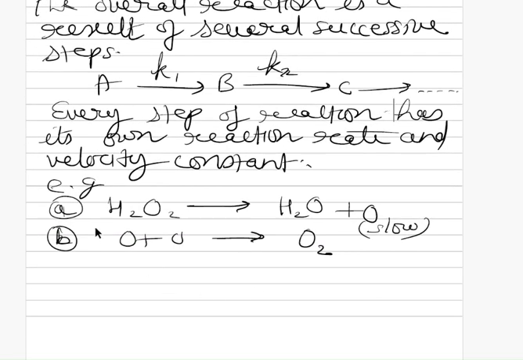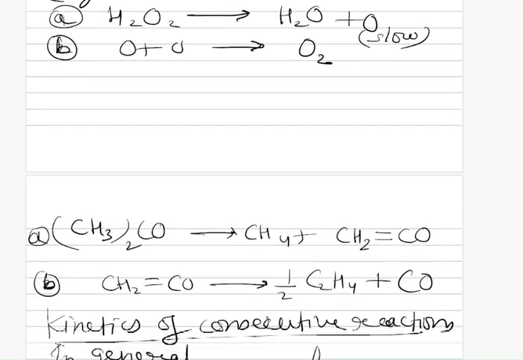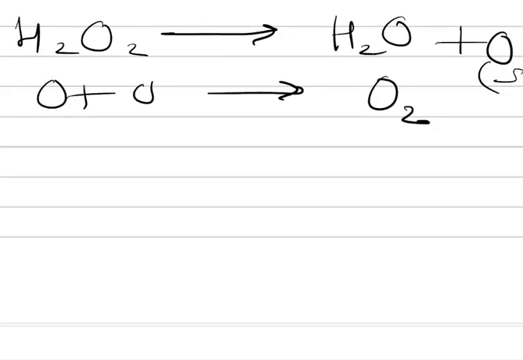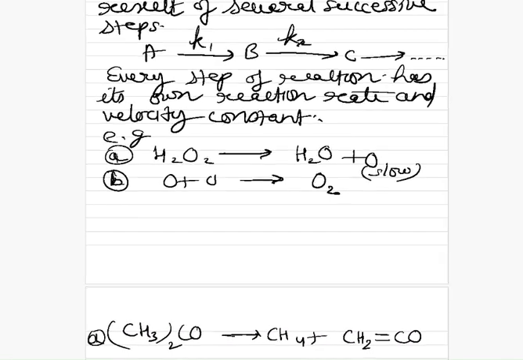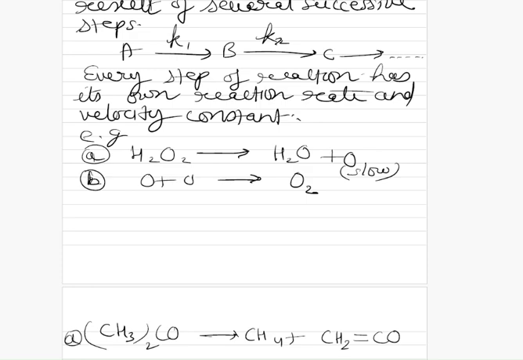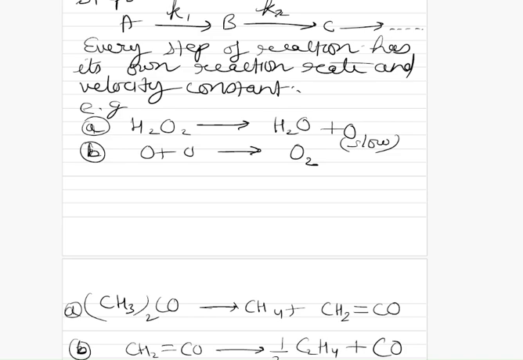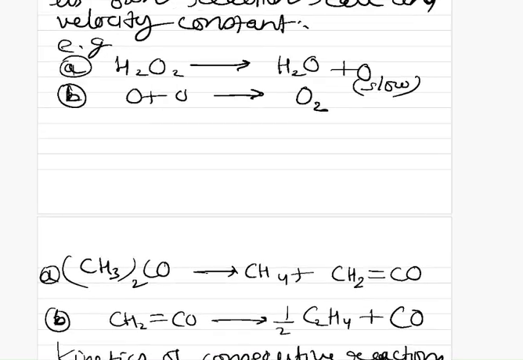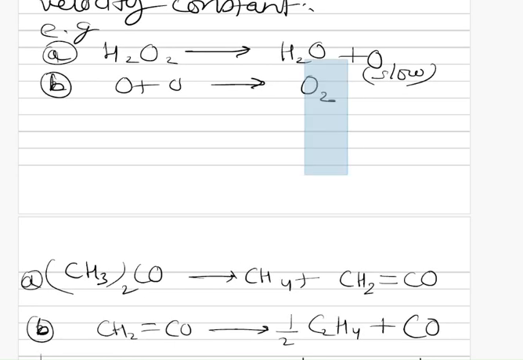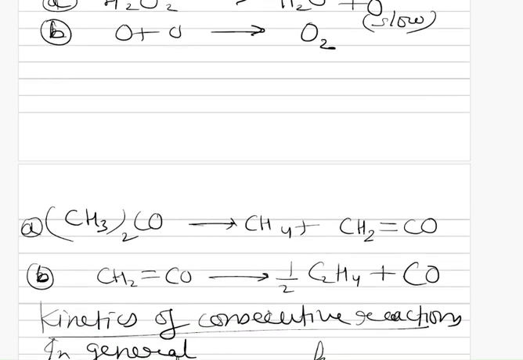For example, H2O2 gives H2O plus O. This is a slow reaction. And then O plus O gives O2, which is the consecutive step. These are the successive steps which are taking place, and this is an example of consecutive reaction.